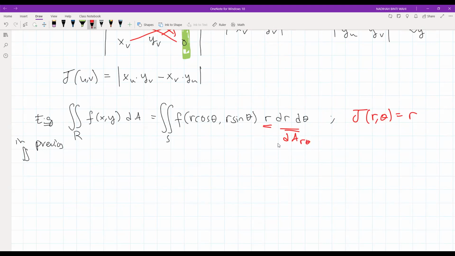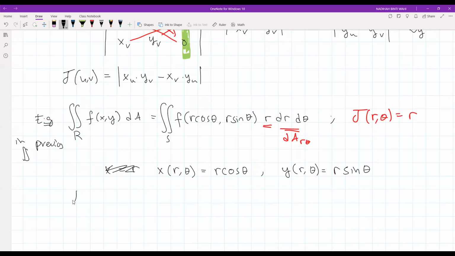Okay, let's see how it goes. We can see that X in terms of R and theta is just R cosine theta, and then Y in terms of R and theta is R sine theta.